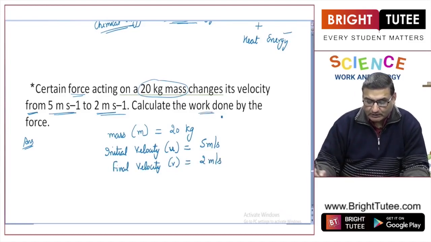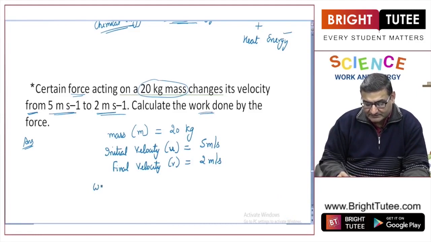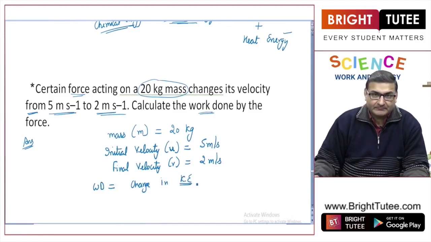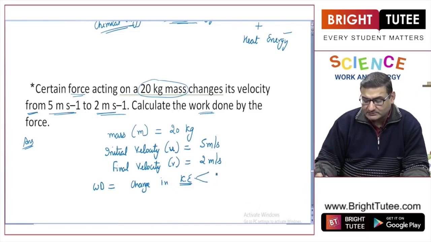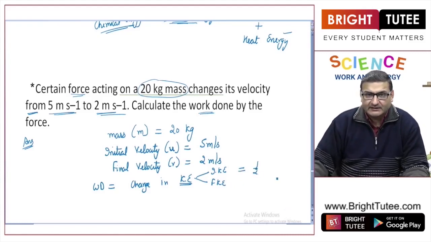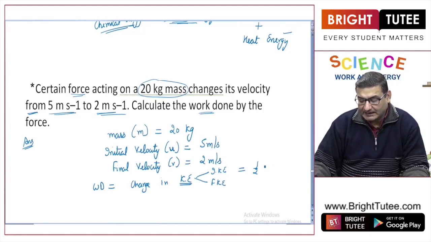Calculate the work done. We have studied earlier that work done is given by the change in the kinetic energy of the body, and there are two kinetic energies: the initial kinetic energy of the body and the final kinetic energy of the body. The formula for kinetic energy is half into mass into velocity square. So, the initial kinetic energy will be half into m into u square.